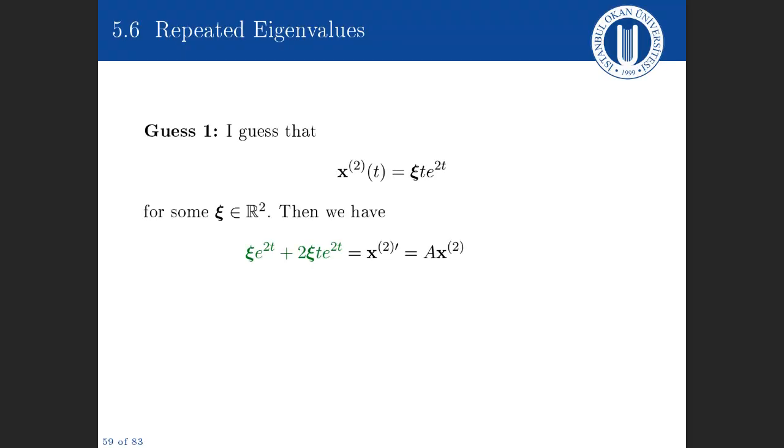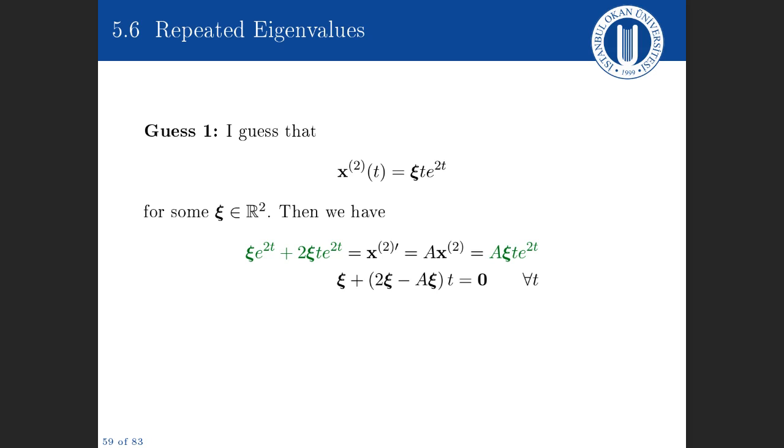The derivative of this is going to be xi e to the power 2t plus 2 xi t e to the power 2t. And A multiplied by this function is A xi t e to the power 2t. There's e to the power 2t terms all the way through, and these are not zero, so we can cancel these out.